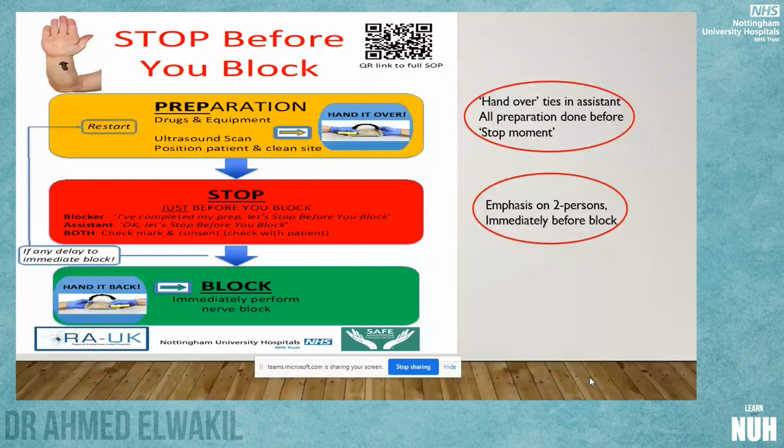Before going to the video and the SOP, I just want to highlight two things: the preparation stage should be done by the anesthetist, who is called the blocker, and his assistant, and the blocker will hand the tray of the drugs and the needle to his assistant, to be away from his hand, away from his catch. Then he will scan and adjust the position of the patient, and then he will be ready for the stop moment.